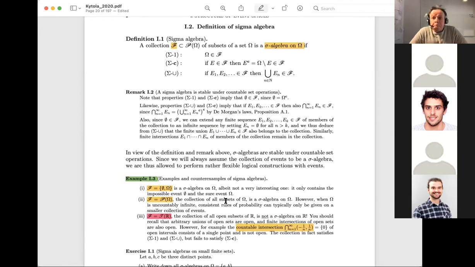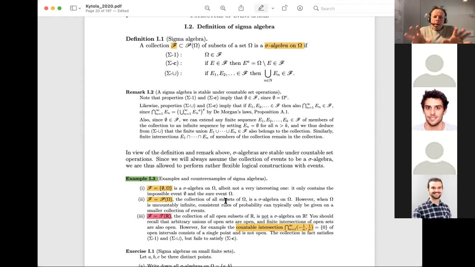Very well. Let's move on to the next topic. The next topic is related to generating sigma-algebras. When we work with sigma-algebras, we want to have a convenient sigma-algebra at hand where we can compute things on the object that we want to compute.